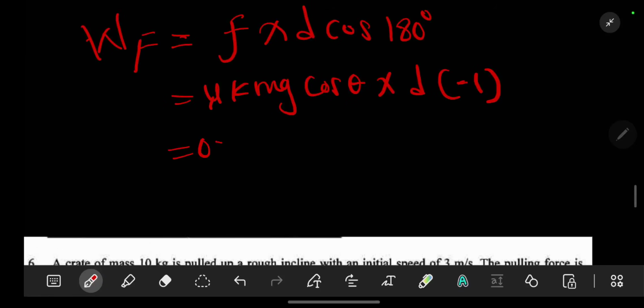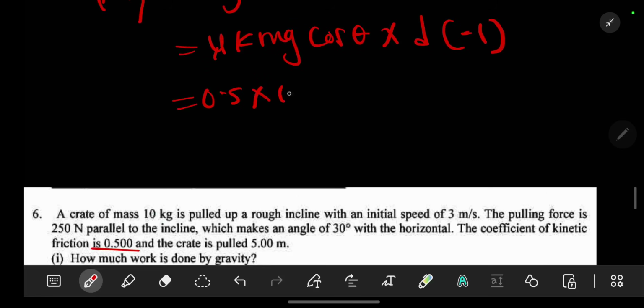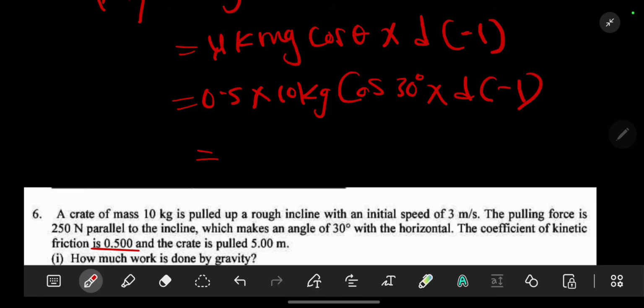So we are going to say 0.5 times the mass, which is 10 kg, times cos of the angle, which is 30 degrees, times d times -1.